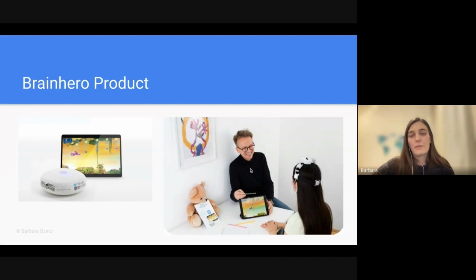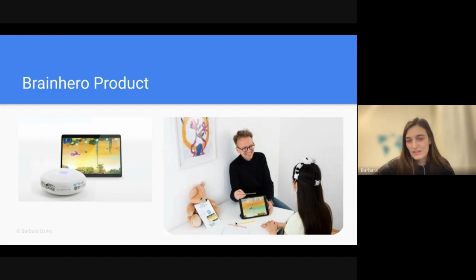So it's generally for parents with kids with autism and ADHD, age 6 to 18, for home use of neurofeedback therapy. So neurofeedback therapy is already used in clinics, and how the device works is the electrodes attached on the headband measure the brain activity in certain brain regions and send the signals to the EEG.